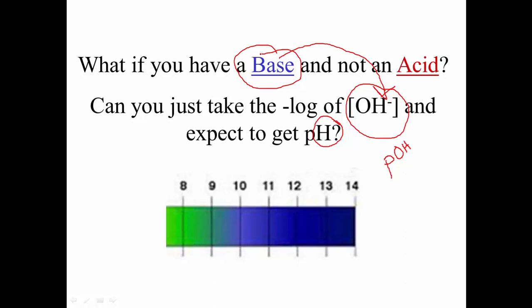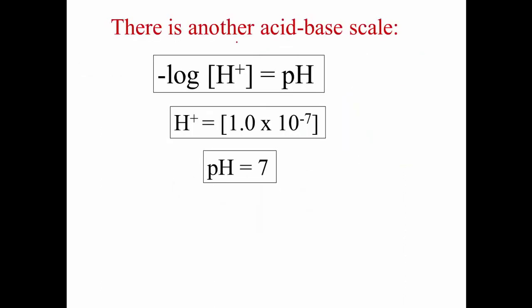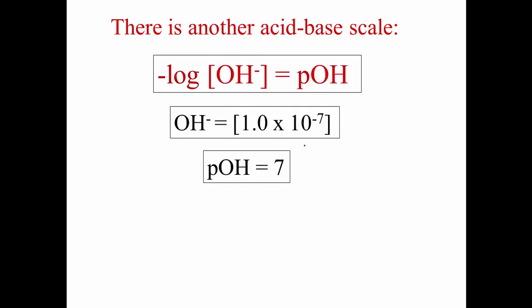So let's look at what we're talking about. If we take the negative log of the acid or the hydronium ion, we get the pH. And of course, in neutral water, we have a pH of 7 because the hydronium ion is 1 times 10 to the negative 7. But there is another scale. If we have a base and we take the negative log of the hydroxide ion, we get the pOH.